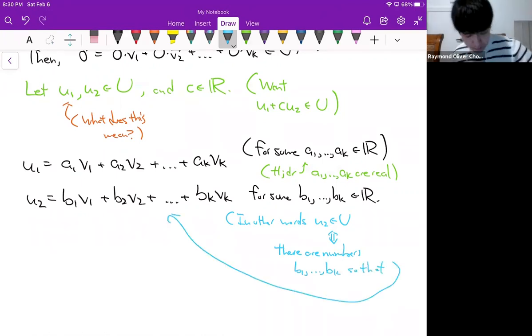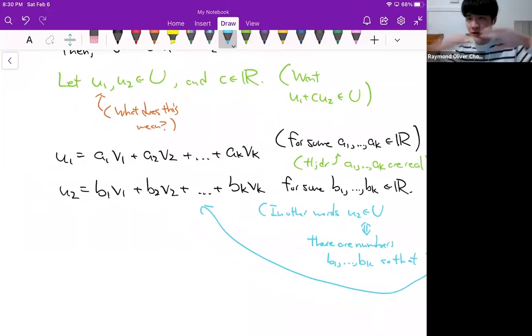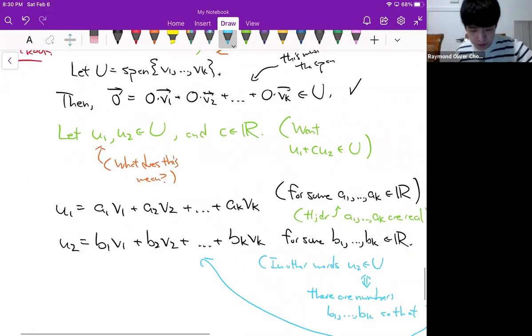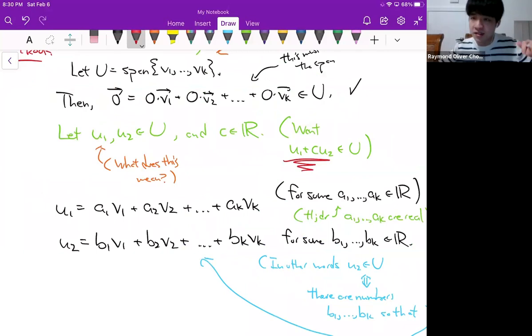So we have that U1 is all the V's times a number added up, and U2 is all the V's times a bunch of numbers added up. We want to show that U1 plus C times U2 is also all the V's times a bunch of numbers added up, right?